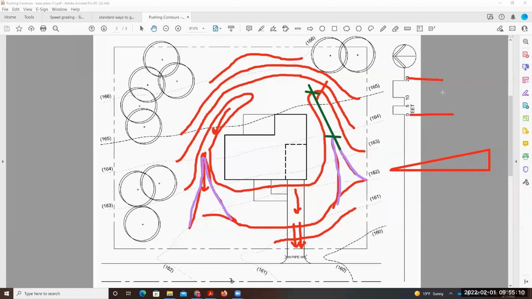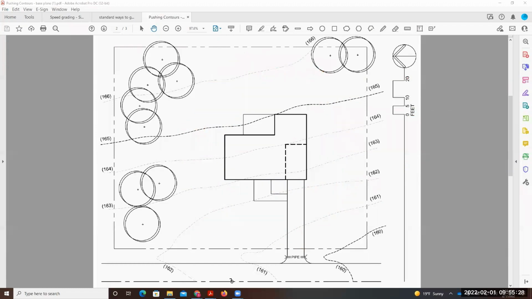And at 25 feet, you know that has enough slope that it will drain. We could actually go to 50 feet and it would drain, but I would rather not stretch it that far. So this is the idea of just pushing contours, which you guys need to get comfortable with.